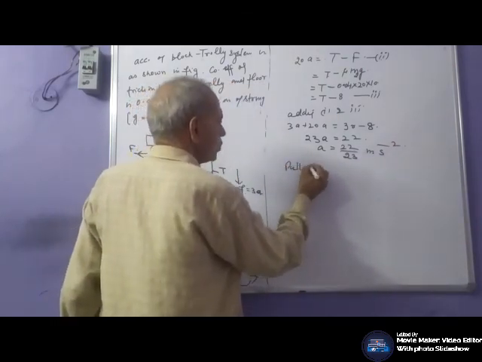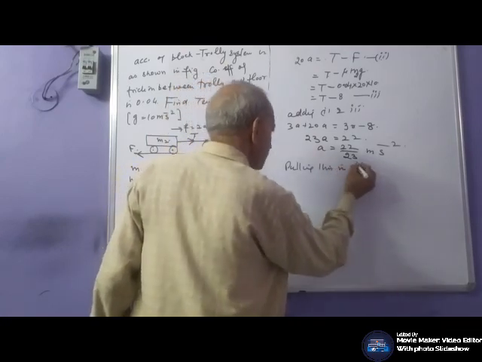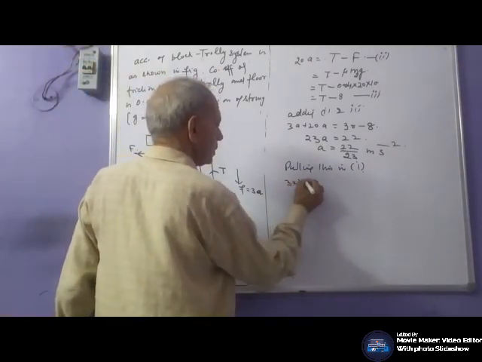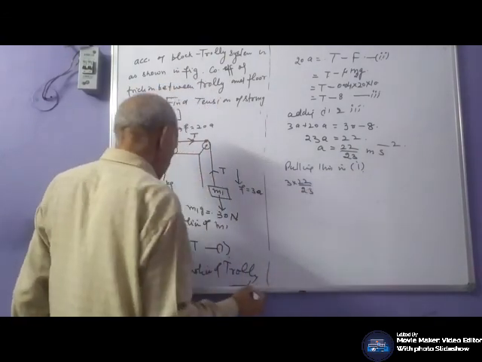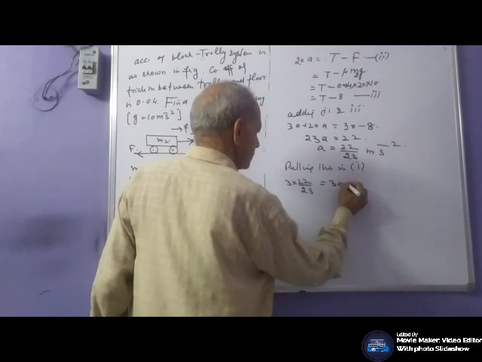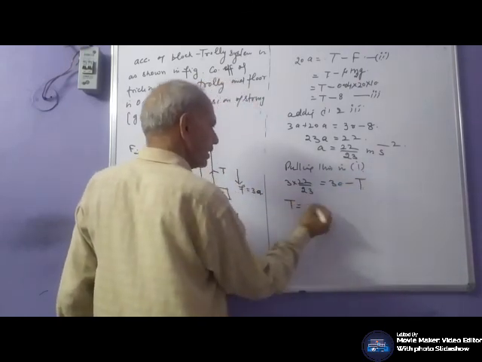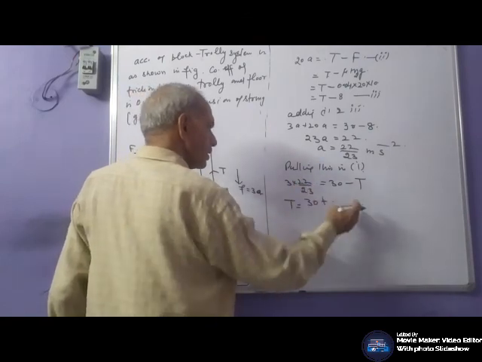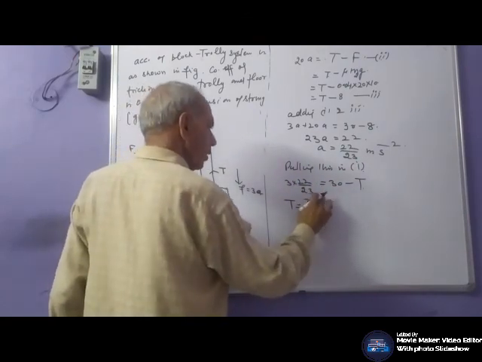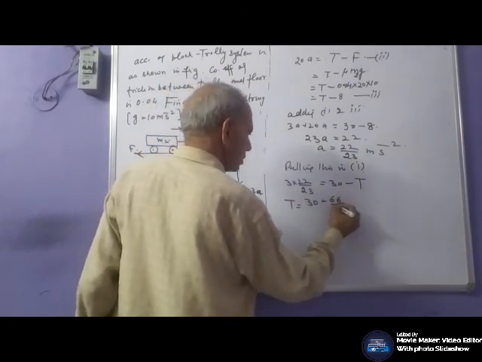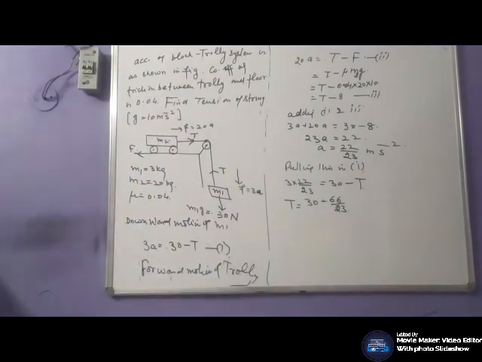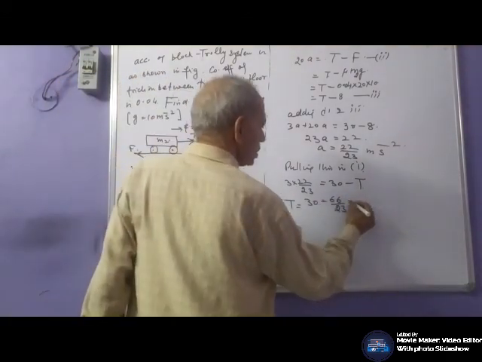Putting this in the first equation: 3A, 30 minus T. Or T comes out to be, taking T to this side, 30 minus 3A.